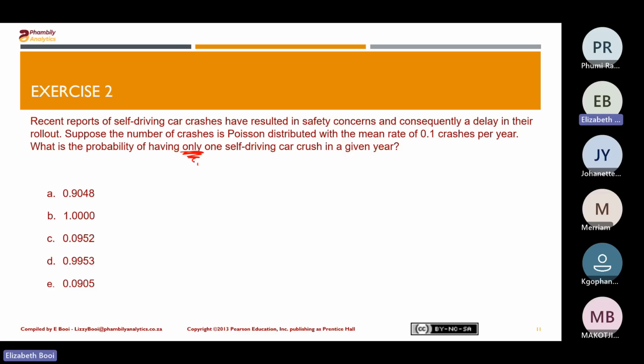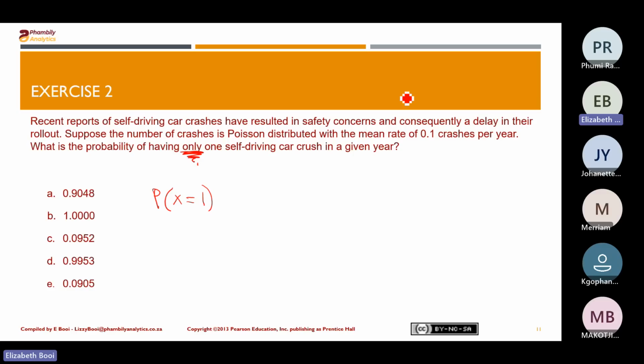What would only one mean in terms of writing it as a probability function? Is it less than, greater than, or equal, or less than or equal, or greater than or equal? Only one means equal. It will be x equals 1.